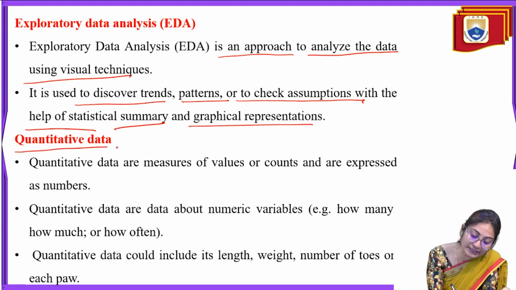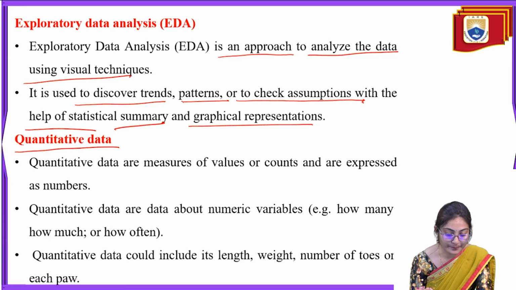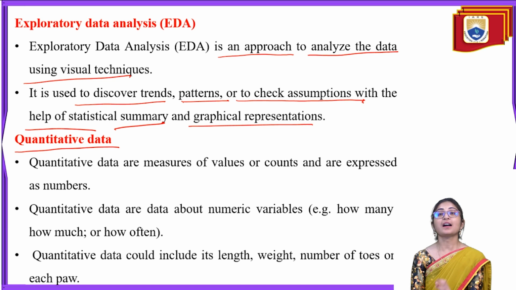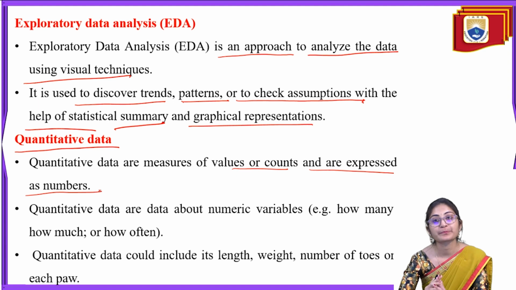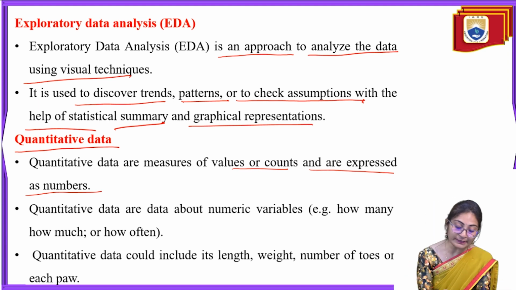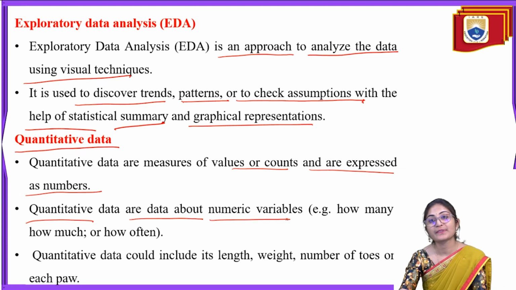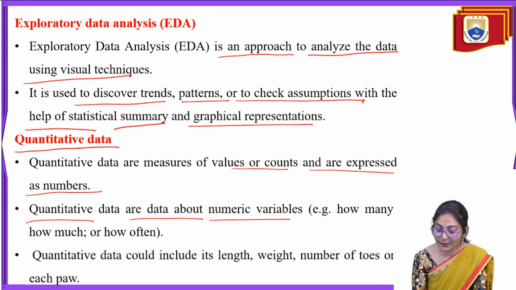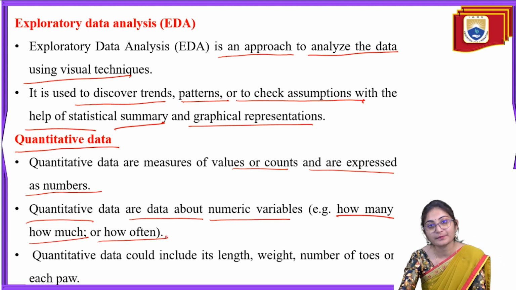Then next one is quantitative data. What is meant by quantitative data? Quantitative data are measures of values or counts and are expressed as a number. Quantitative data are the data about numeric values, numeric variables. For example, how many, how much, how often.